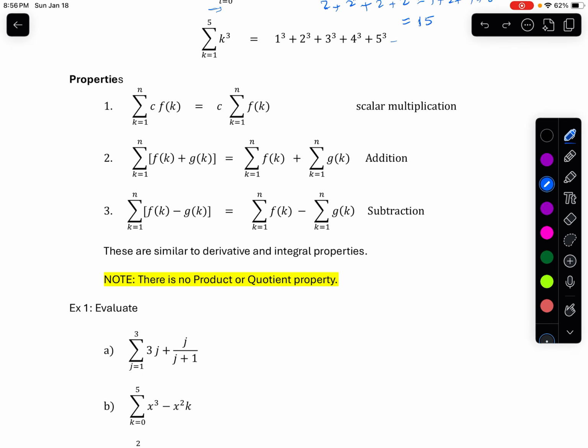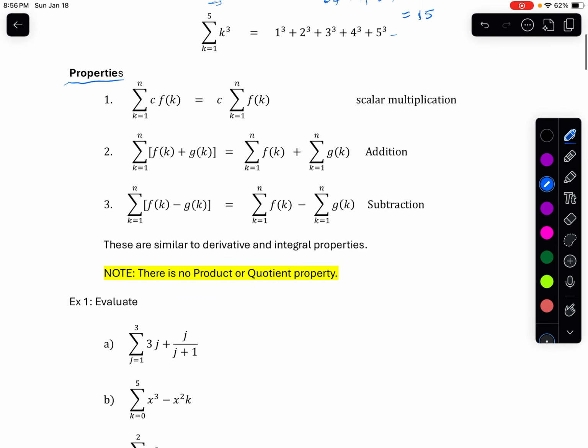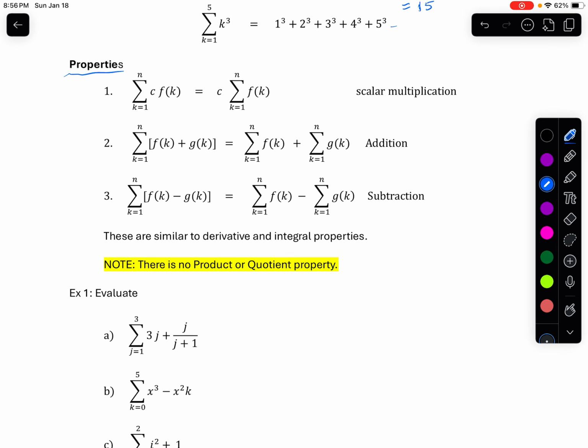Now let's look at the properties of this sigma notation. So basically these are very similar to the properties of the derivatives or the integrals that you have seen in Calc 1. So what it's saying is that if you have a summation of c times a function of k, so c, for example, ck or ck square, c is a constant, a non-zero constant we say, because if we take 0, then everything is 0, so we are not able to do anything.